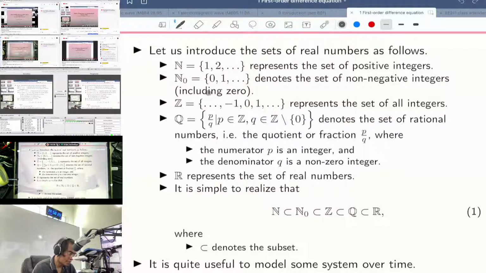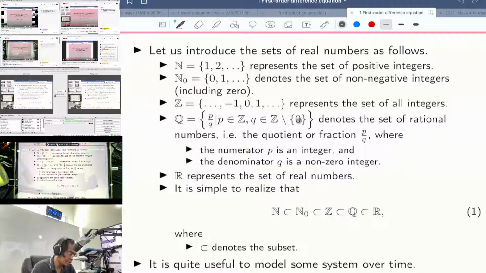Okay, they have written. The next set is Z. Z is the integers. Integers could also be negative values like -1, -2, -3, -4, -5, and for the positive side, we have 1, 2, 3, like this. It's similar to N. The third type of number set is Q. Q is the ratio P over Q, where P is an integer and Q is an integer, but Q cannot be 0.